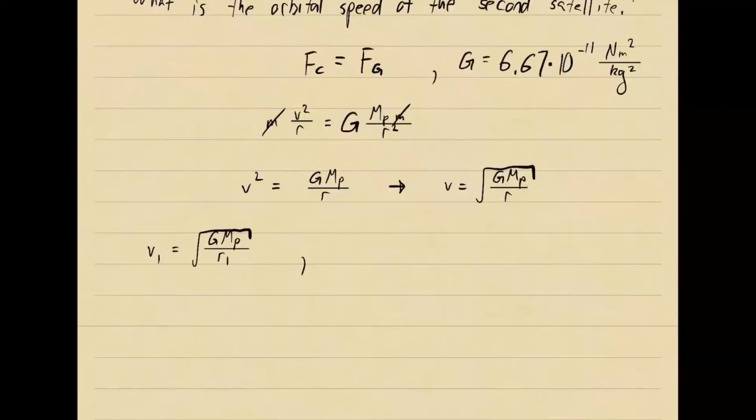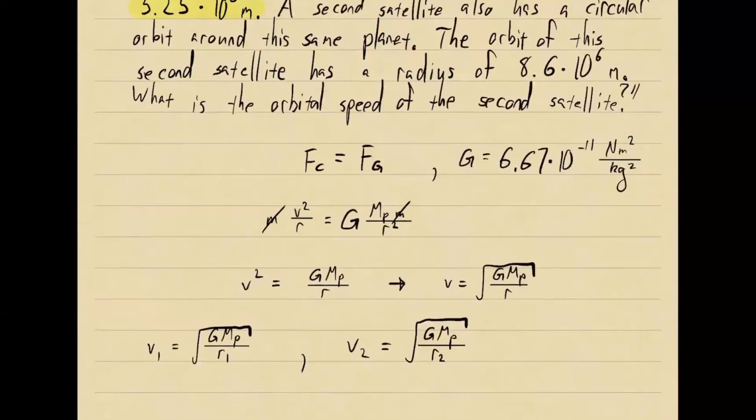And then v2 is the speed of our second satellite. So again, that's going to be equal to the square root of g times the mass of the planet divided by r2. Notice that this problem doesn't tell us the mass of the planet. So we need to find some way of getting rid of that and still being able to find our answer.